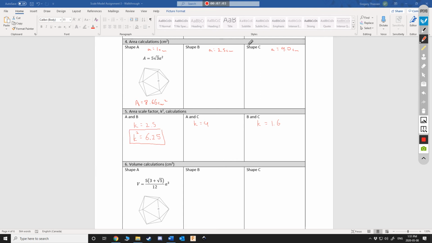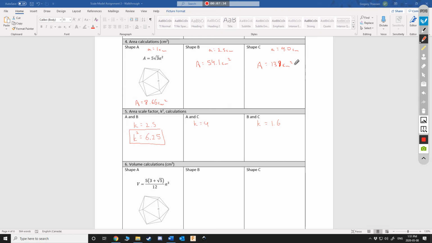This time A is 2.5, we saw, so 5 multiplied by the square root of 3 multiplied by 2.5 squared, and we get 54.1 centimeters squared. And one more time, 5 multiplied by the square root of 3, multiplied by 4 squared, and we get the area is 138 point, I'll just round there, 139 centimeters squared.